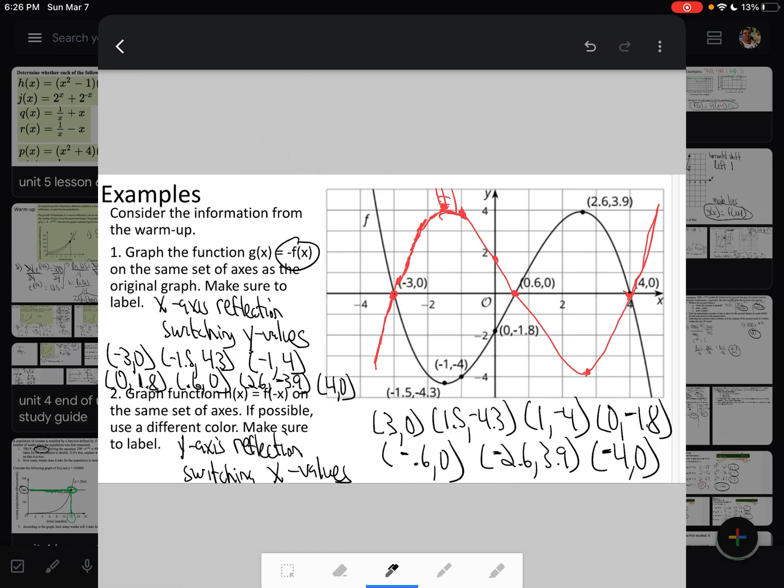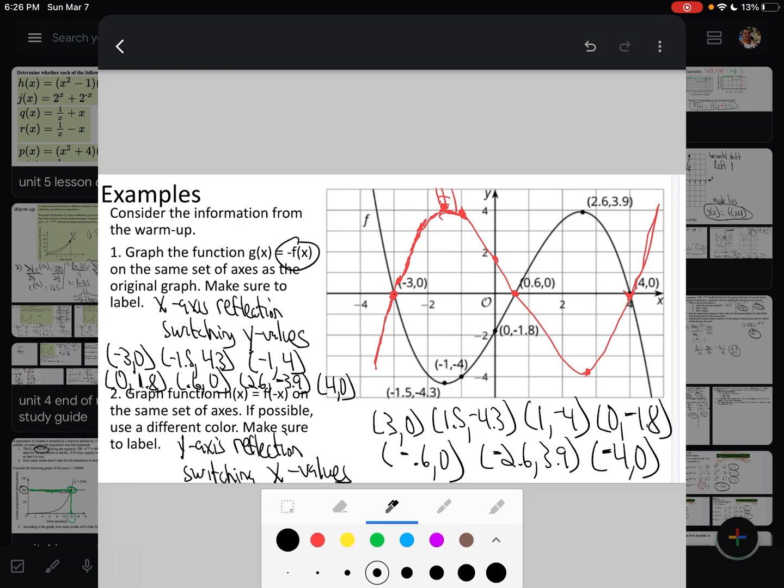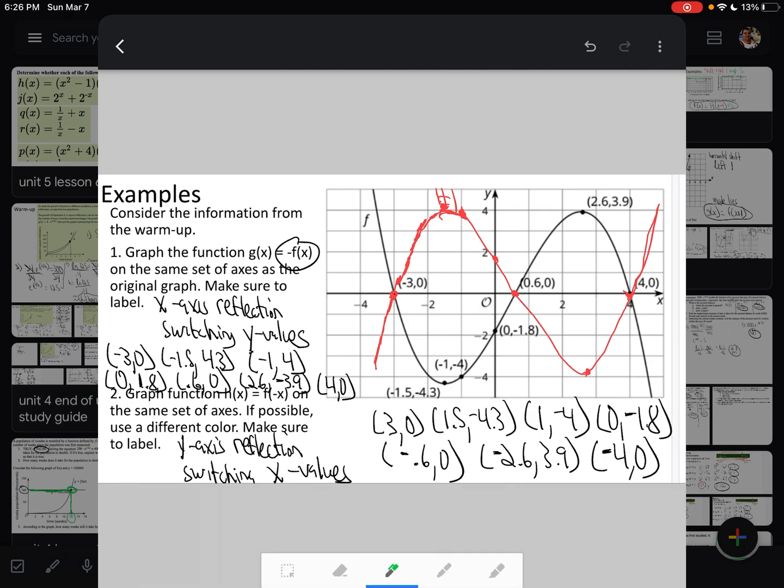So now I'm going to graph these points, but it asks to use a different color, so I'm going to use green this time. So we start at 3, 0. This will be right here. Then we have 1.5 and negative 4.3. That's going to be about down here.